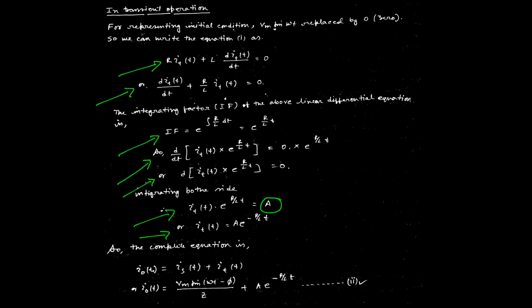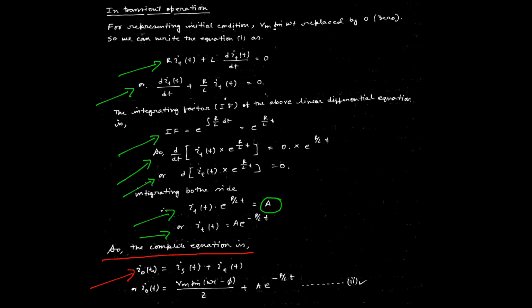So we can write the complete solution from the above discussion, which has two components: the steady state component and the transient component of the current. That is the complete solution i0(t) equal to i_ST, the steady state current component, plus i_TT, the transient current component.